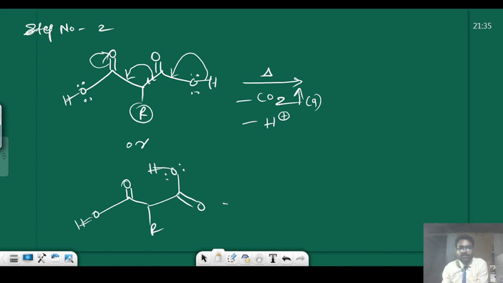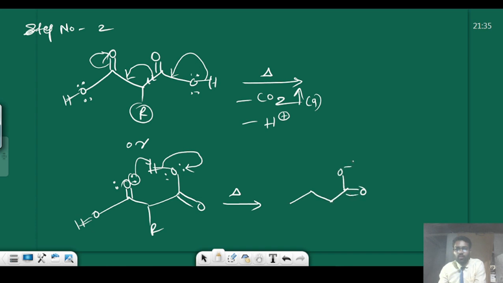When we heat this particular molecule, these non-bonding electrons will attack the sigma star orbital of this oxygen hydrogen bond. This sigma bond will break, and there is formation of an anion system over here, an O minus anion. It has taken the proton like this.